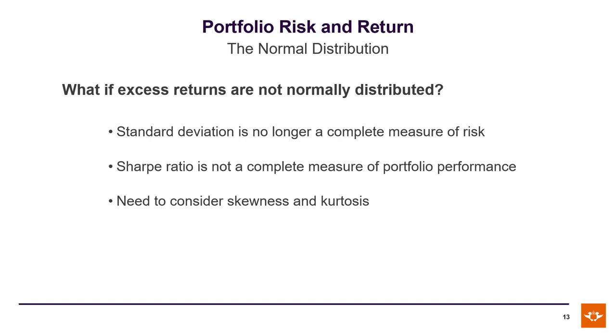And now we need to start looking not at a symmetric distribution, but at skewness, because the distribution can be skewed either to the right or to the left, and kurtosis. Kurtosis is peakedness. In other words, how high is the peak on the distribution? So is it peaked and clustered around the mean, or is it flat and skewed either to one side or the other with fat tails?